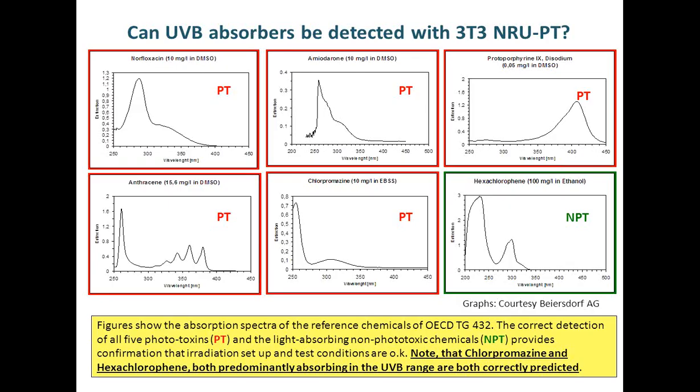And what you see here is a plot of the OECD recommended reference chemicals, and you see that they have different absorption spectra. The important ones for this point are chlorpromazine and hexachlorophene. Chlorpromazine should be correctly detected positive, hexachlorophene negative, and both have similar absorption spectra.